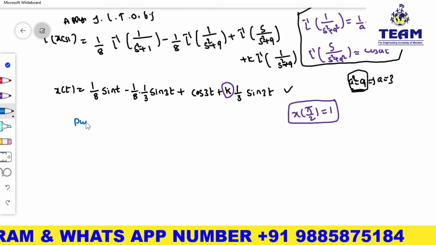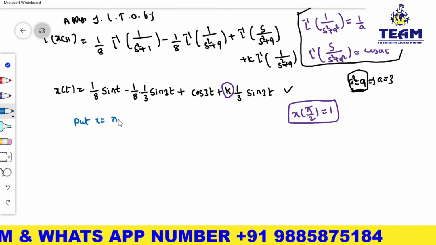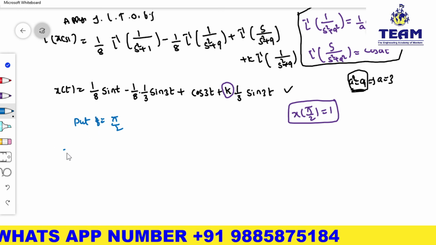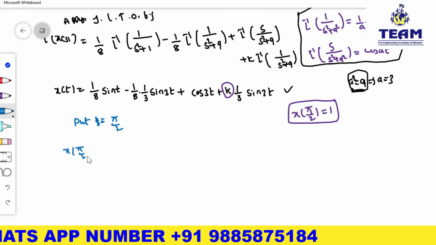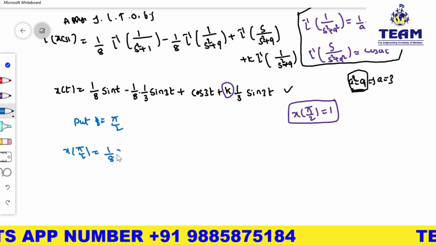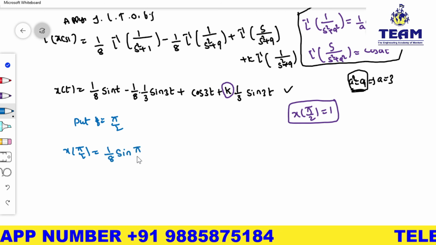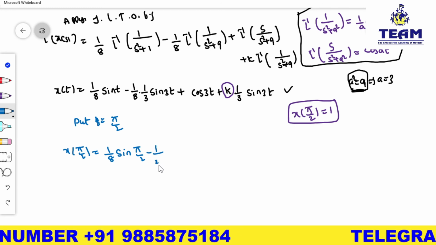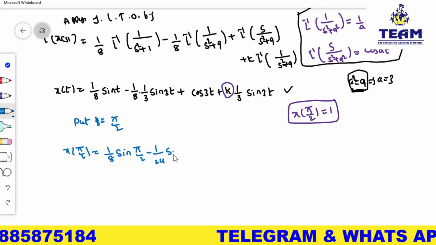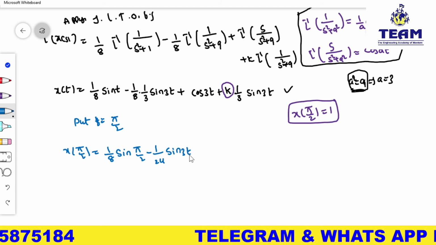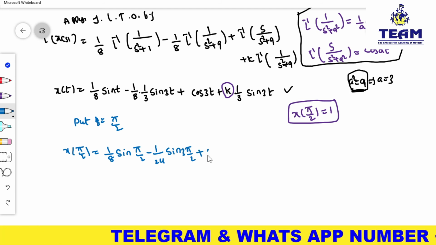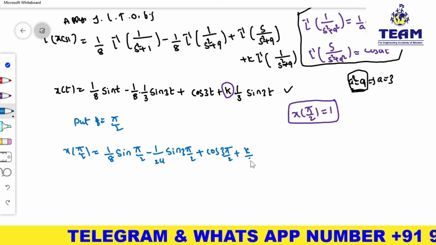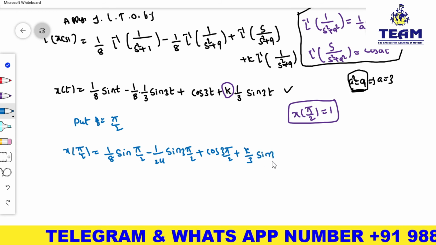Now you have to substitute t is equal to pi by 2. Then x of pi by 2 is equal to 1 by 8 times sine pi by 2, minus 1 by 8 into 1 by 3, that means minus 1 by 24 sine 3t, meaning 3 pi by 2, plus cos 3 pi by 2, plus k by 3 times sine 3 pi by 2.